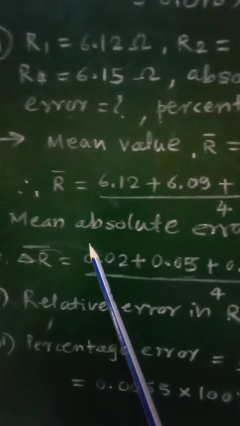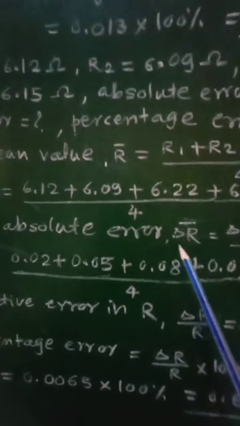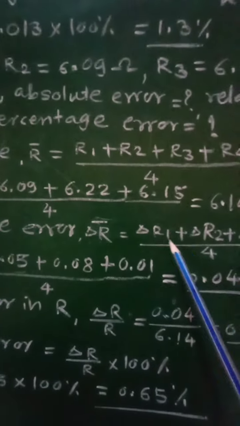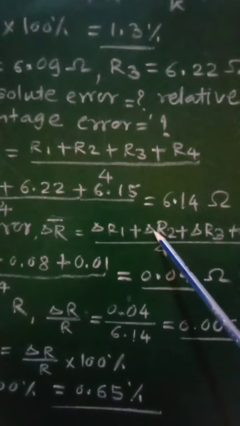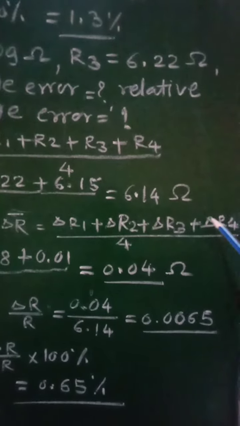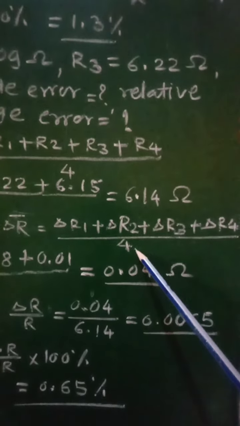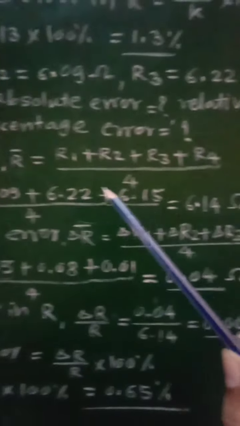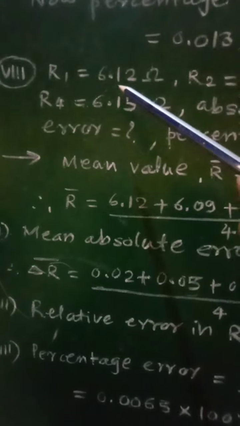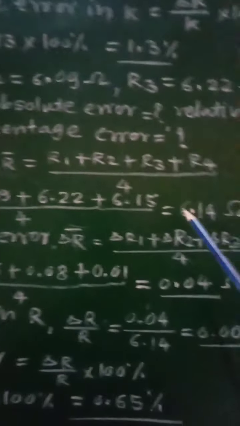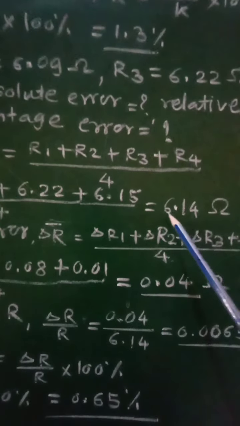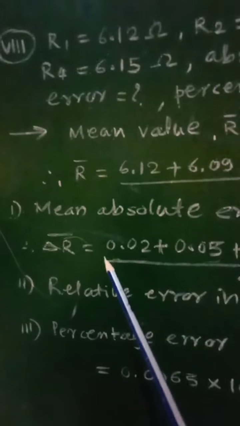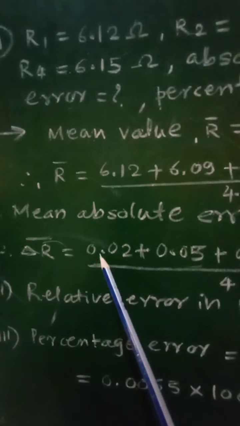Mean absolute error delta R bar will be equal to delta R1 plus delta R2 plus delta R3 plus delta R4 upon 4. So first value of resistance is R1 is equal to 6.12 and mean value is 6.14. So 6.14 minus 6.12, that is 0.02, that will be the value of delta R1.